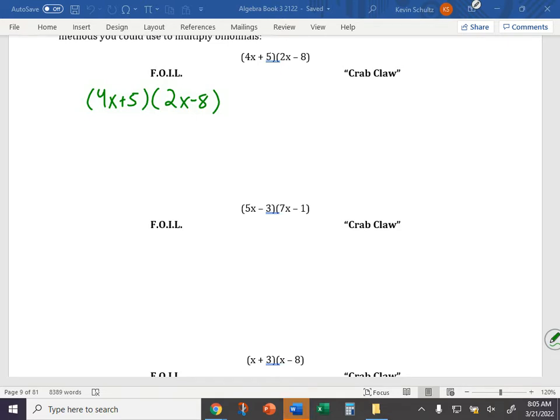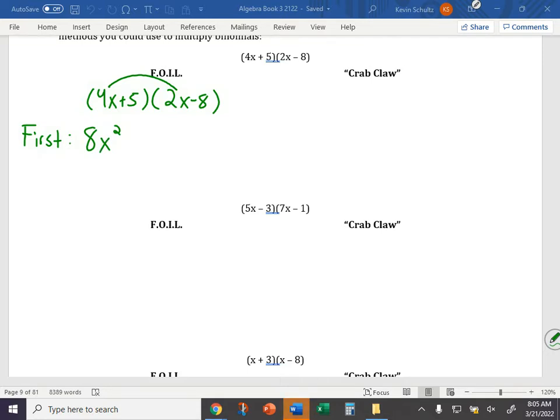The F in FOIL stands for first, which means that we are multiplying the first terms in each set of parentheses together. And that's how we get the 4x times the 2x. We're going to draw a line over 4x times 2x, which gives us what? 8x squared.